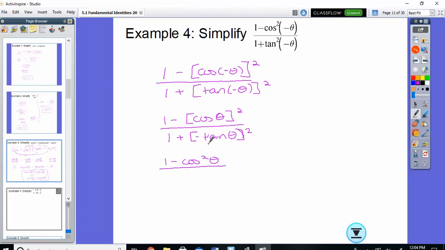On the bottom, if you square a negative, if your tangent was negative, like if it were negative up front already, it would become positive. When you square a negative, what happens? It becomes positive. So this is just still 1 plus tangent squared theta.